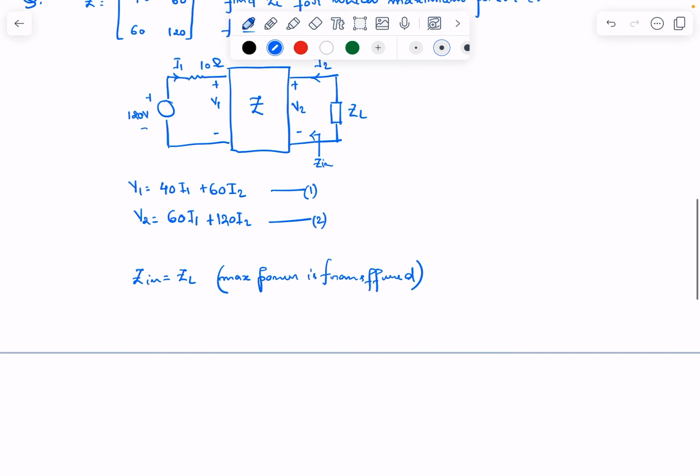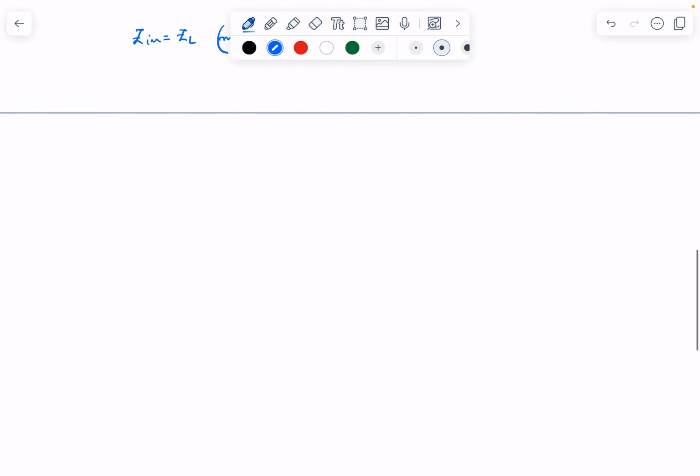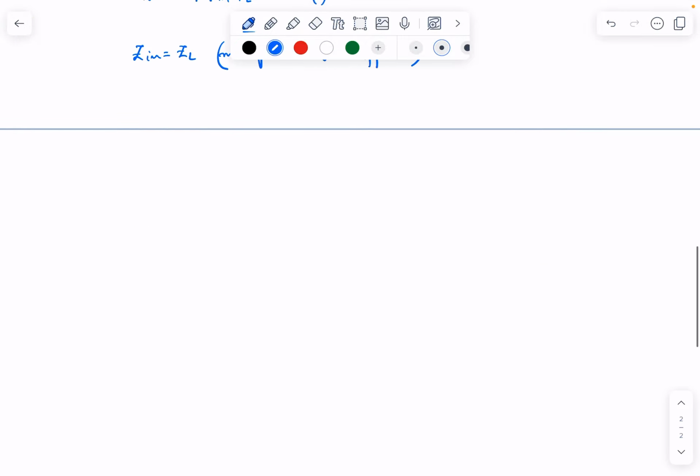We can find ZL using Thevenin's theorem. So the Thevenin equivalent will be given by the equivalent resistance RT, and this is my ZL, with Thevenin's voltage.